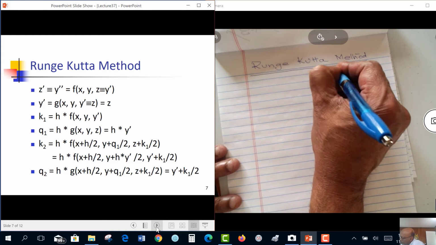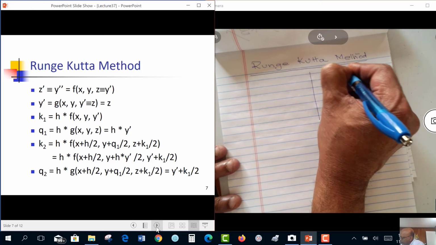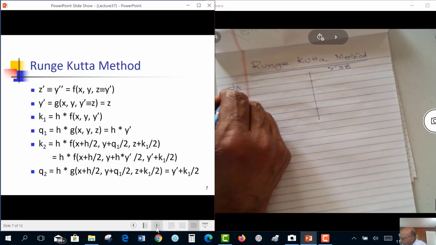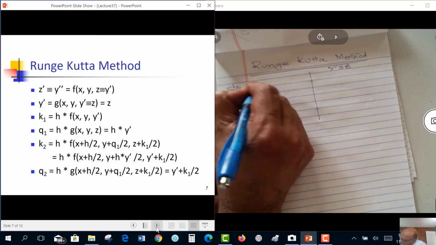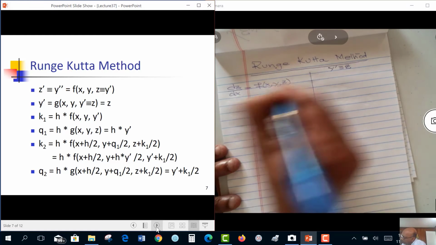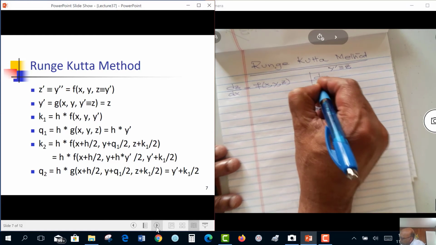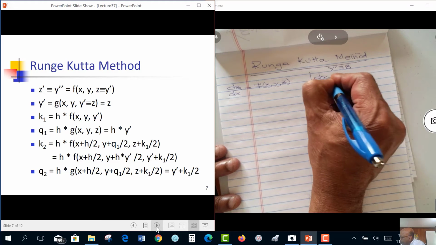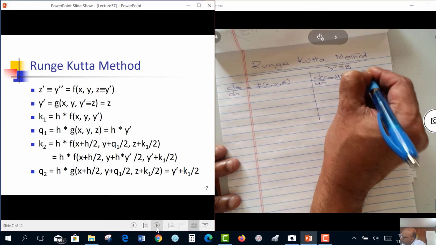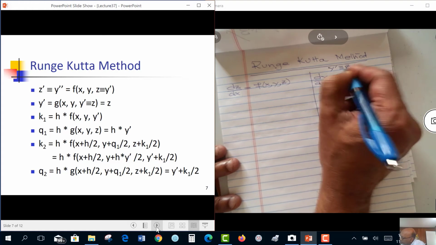Remember, our trick was y prime was defined as z. So our first differential equation is dz/dx is a function of x, y, z. Our second differential equation is dy/dx, which remember in general could have been a function g of x, y, z, but we know this function is just z. Right?